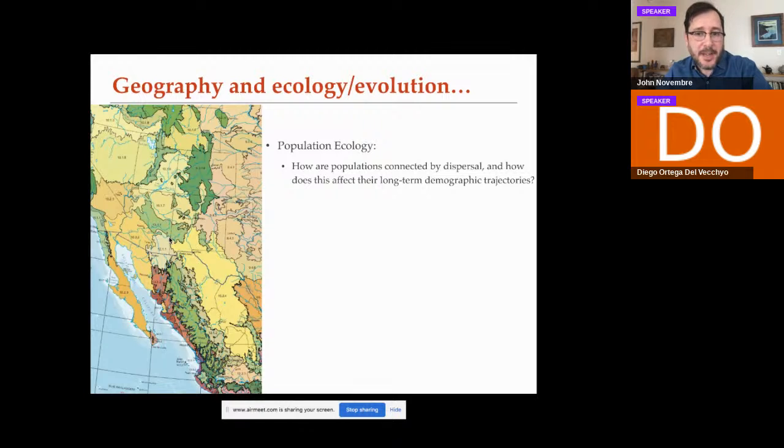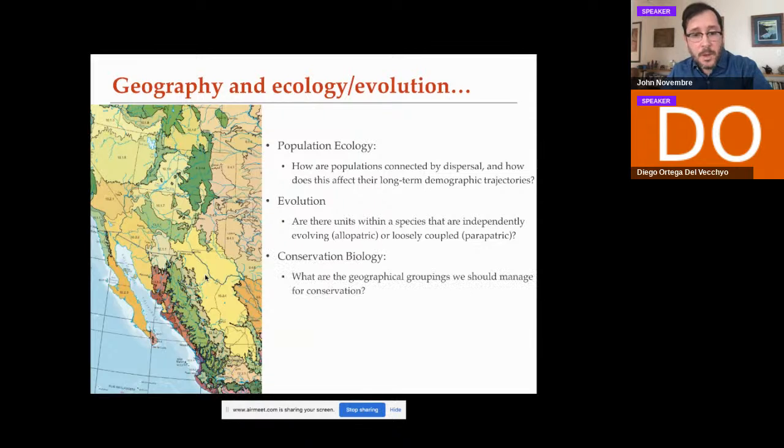And how does this affect their long-term demographic trajectories? For instance, populations on either side of the Sierra Madre, are they on independent ecological trajectories in terms of their population sizes and the way that they fluctuate? Are they on independent trajectories in terms of their evolution, in terms of allopatry, or more loosely coupled in parapatry? In conservation biology, we're often interested in asking, what are the geographical groupings that we should manage for conservation?